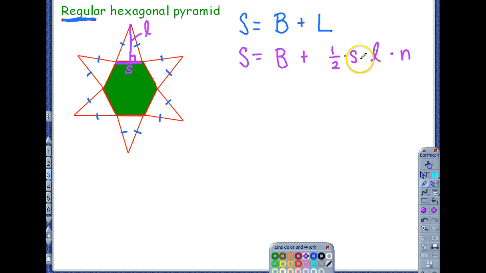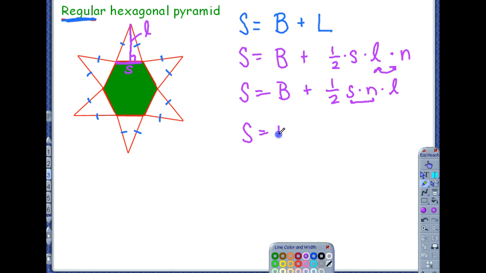Now, I'm going to do a little switch around here. If my surface area equals capital B plus 1/2, I'm going to flip-flop these things because in multiplication, order doesn't matter. So S times N times L. I'm going to focus on just this piece right here. When you take the side length of that hexagon base and multiply by the number of sides, what are you finding?